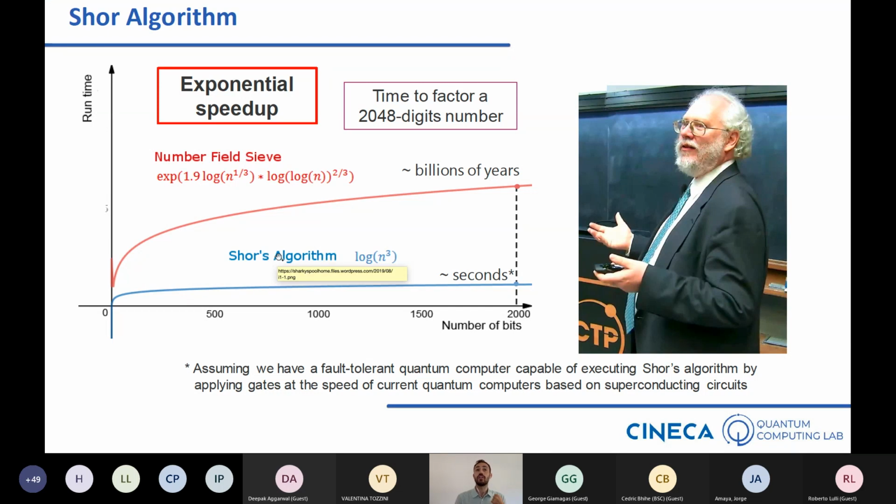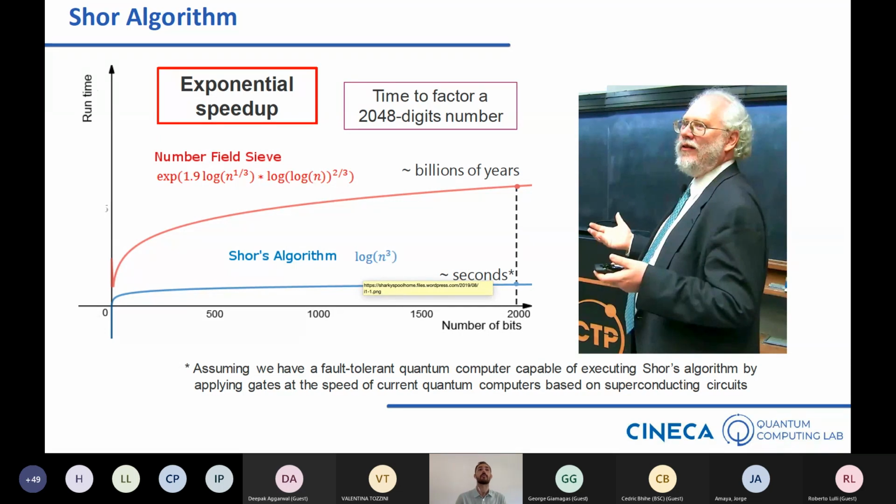For the Shor algorithm, instead, there is this exponential advantage with respect to the best classical algorithm. Since it only needs a polynomial number of gates in the size of the problem, it is efficient.